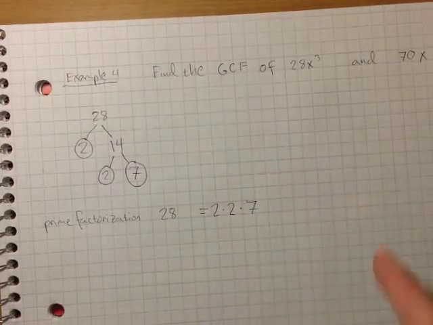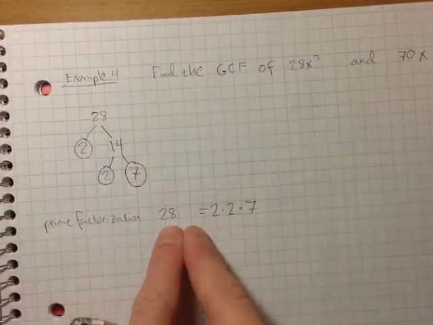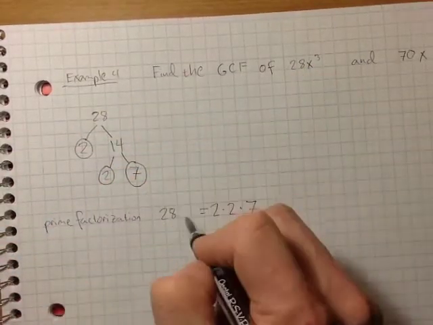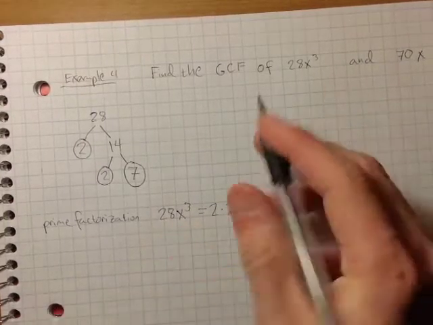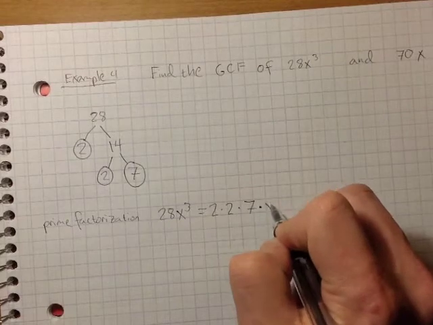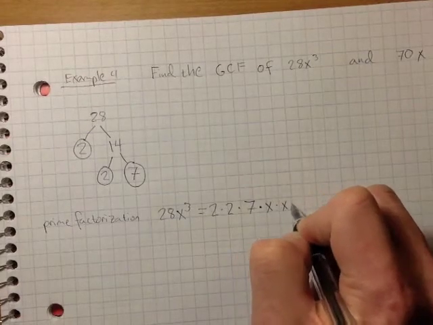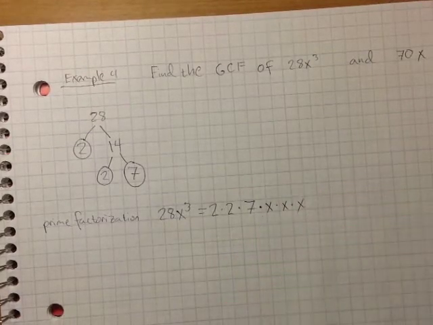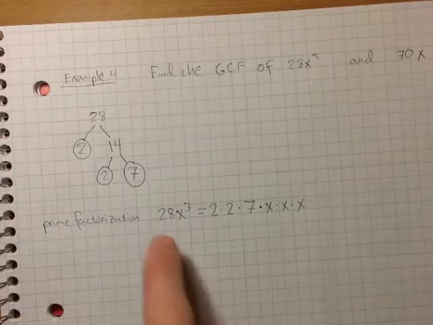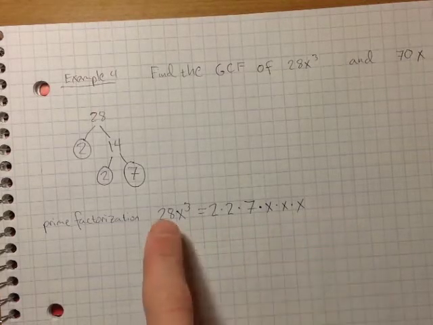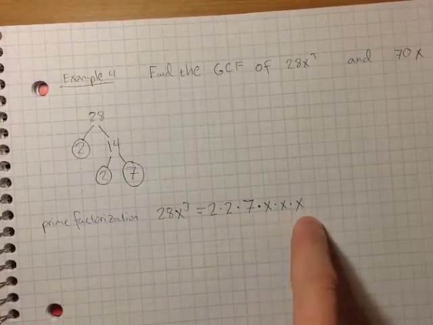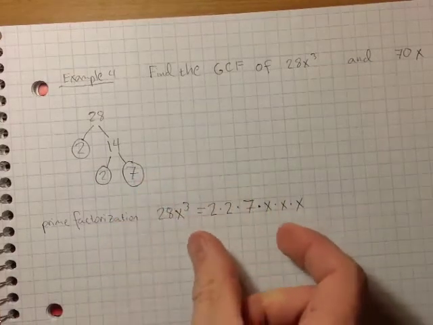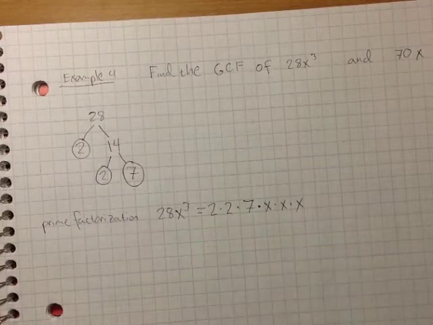Okay, so the way that we're going to include the x cubed in our prime factorization, I'm going to write the x cubed here. Remember that x cubed is just the same thing as times x times x times x. 3 x's multiplied together. Okay? So all I've written is that 28x cubed is equal to 2 times 2 times 7 times x times x times x. I'm just breaking it down into its simplest pieces.